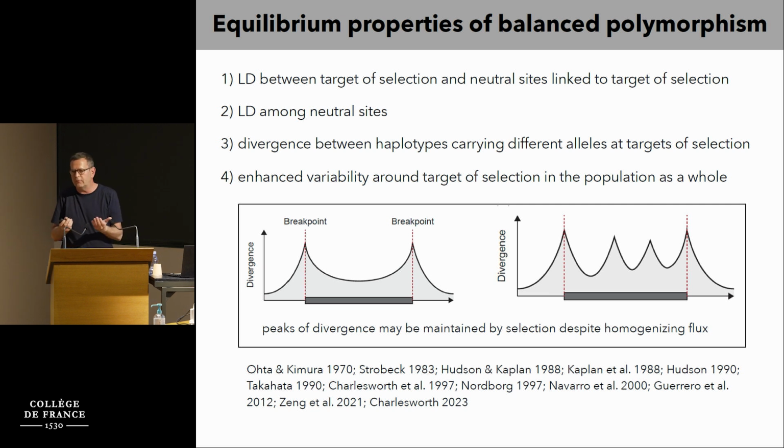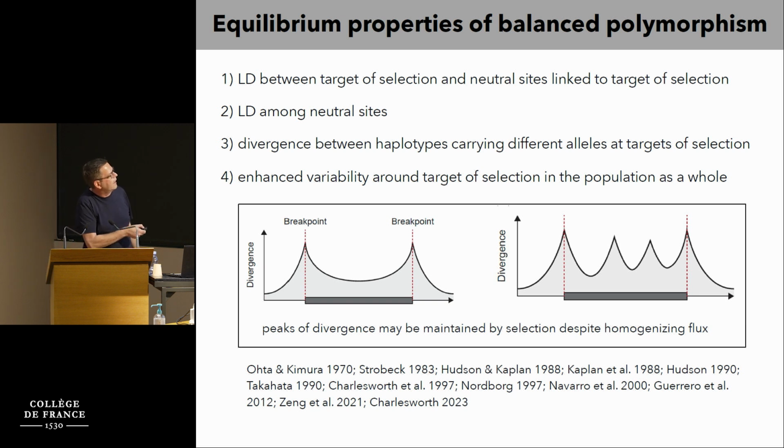So how would this look for an inversion? Here we have two cartoons of inversions, where the stippled lines denote the inversion breakpoints. For the scenario of balancing selection, we might expect, for example, that the targets of selection could be sitting at the breakpoints, where recombination or gene flux is very strongly suppressed. And if this inversion is sufficiently old, towards the center of the inversion we know that there's considerable gene flux over time.